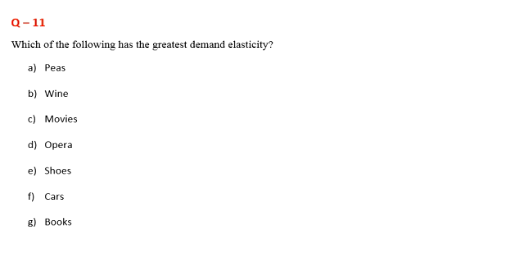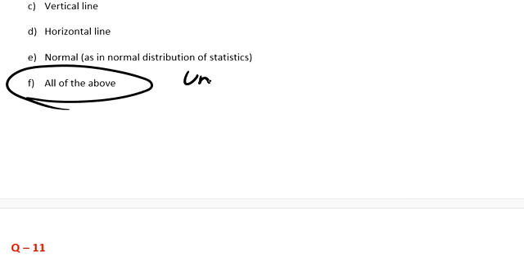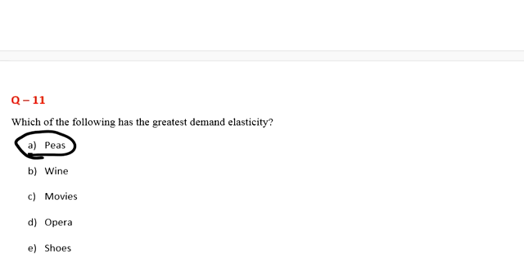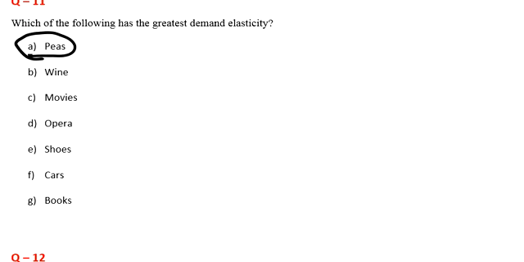Among these, peas have the highest elasticity of demand. You can refer to Unit 2.1, slide 56, comparing the peas with the cigarettes.